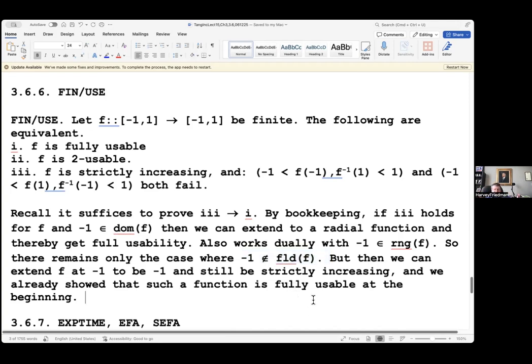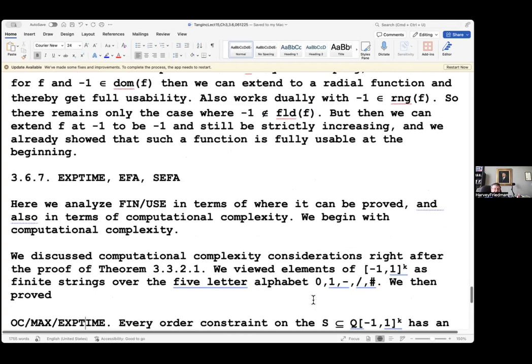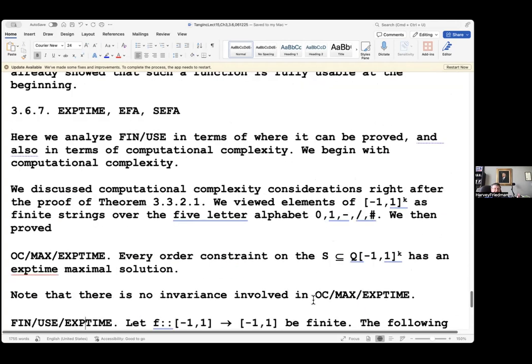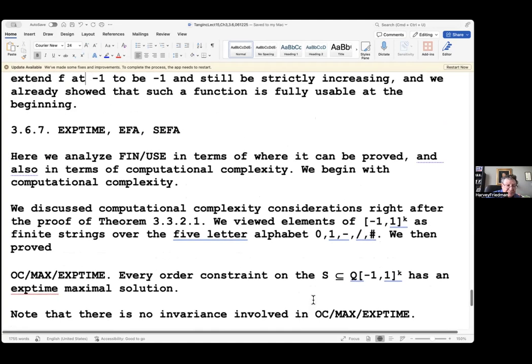All right. Now, we still have to care a little bit about the computational complexity issues and EFA and SEFA, which we use to prove this. We discussed computational complexity considerations right after the proof of theorem 3321. We viewed elements of {-1, 1}^k as finite strings over the 5-letter alphabet.